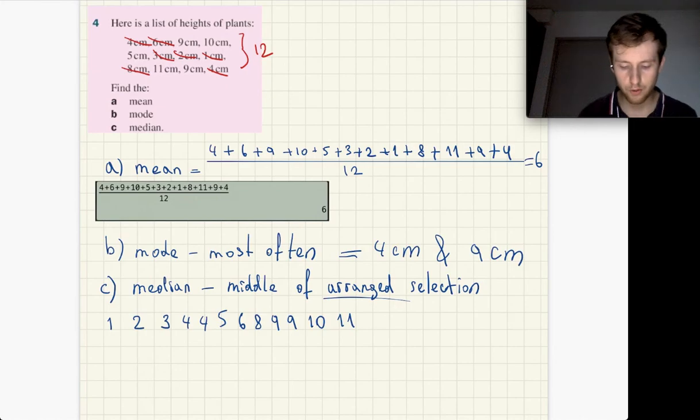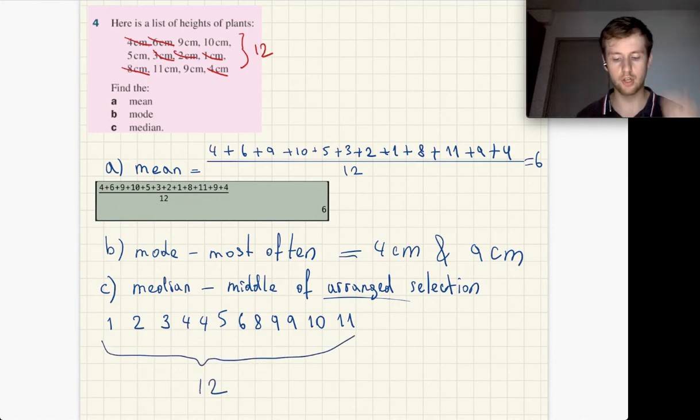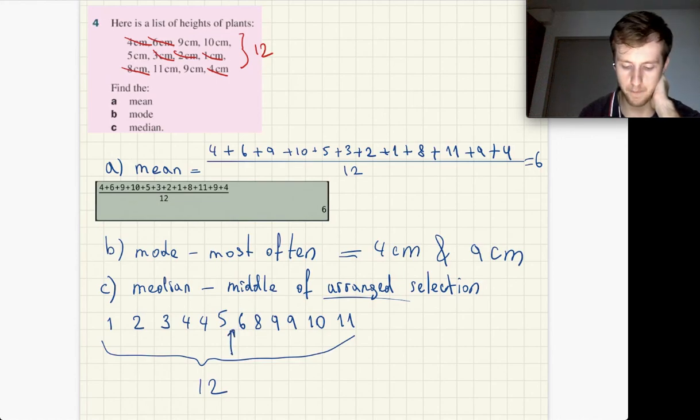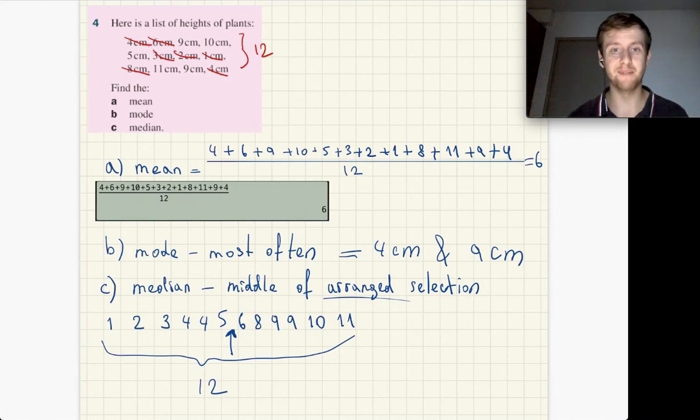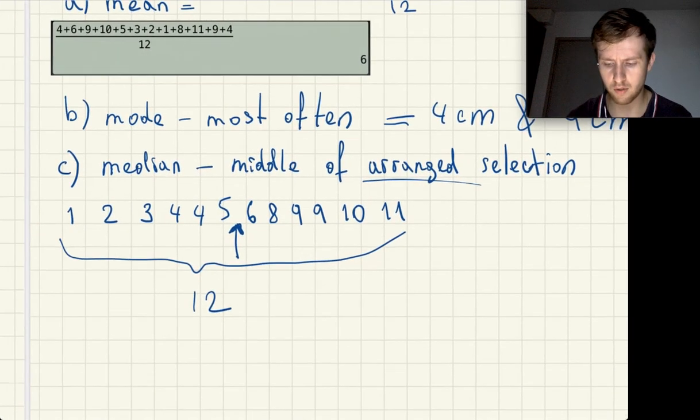And the middle, so there are 12 numbers in total, so the middle is going to be here, if you think about it. The middle is an empty space. So what does it mean? It means that there is no median? No, actually it doesn't mean that.